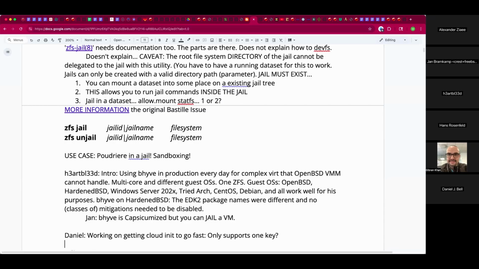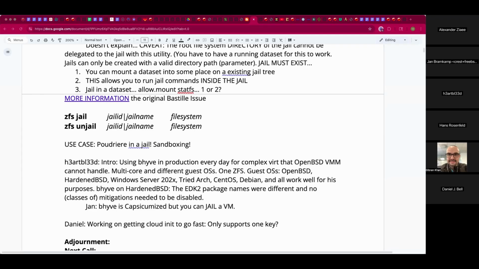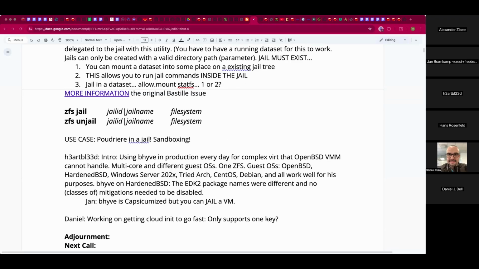But yeah, I can only get one key working. So when you're talking about cloud-init and keys, what type of keys are you talking about? SSH keys? Yeah, SSH keys. Okay, that's kind of important. Are you using the full cloud-init client or the FreeBSD base system cloud-init client?